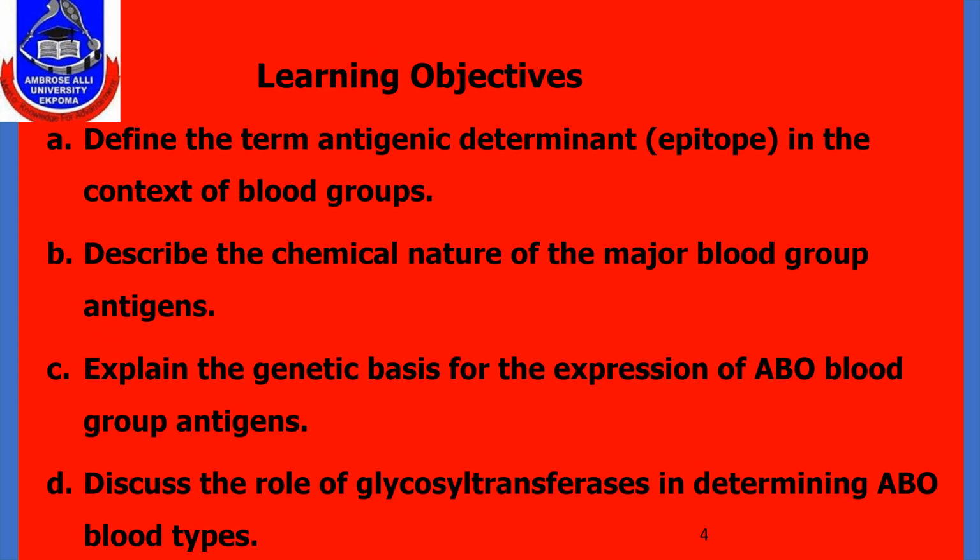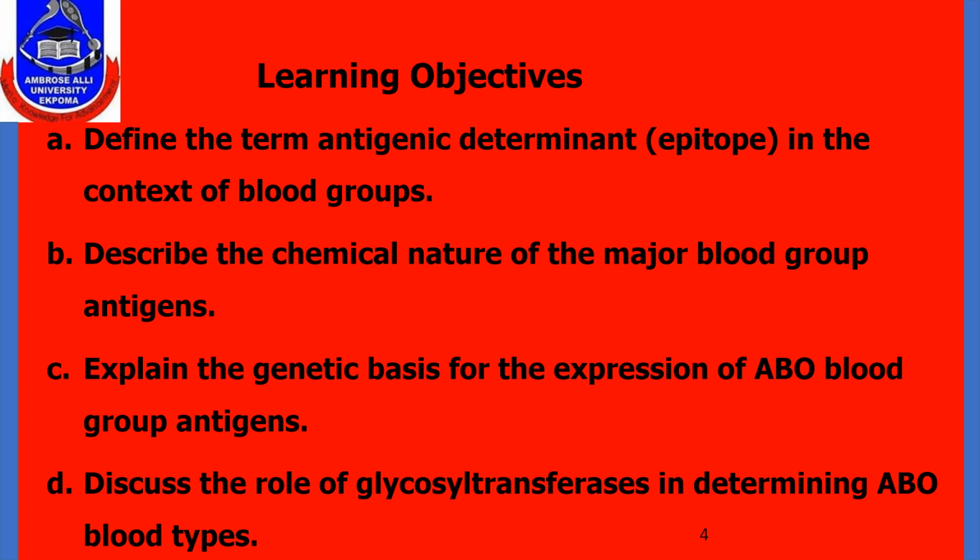Let's take a look at the learning objective for this lecture number 4. In the first instance, we will define the term antigenic determinants. Another word for it is epitope in the context of blood groups.